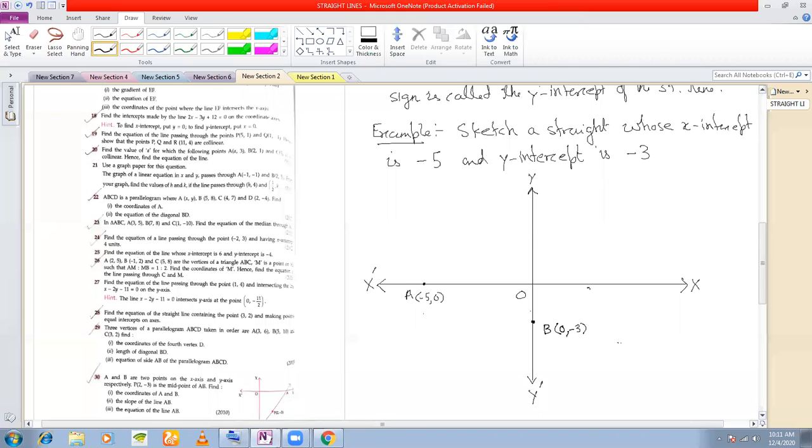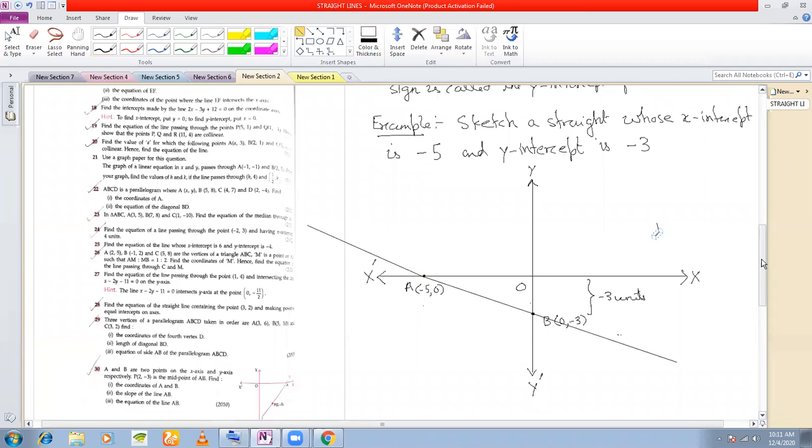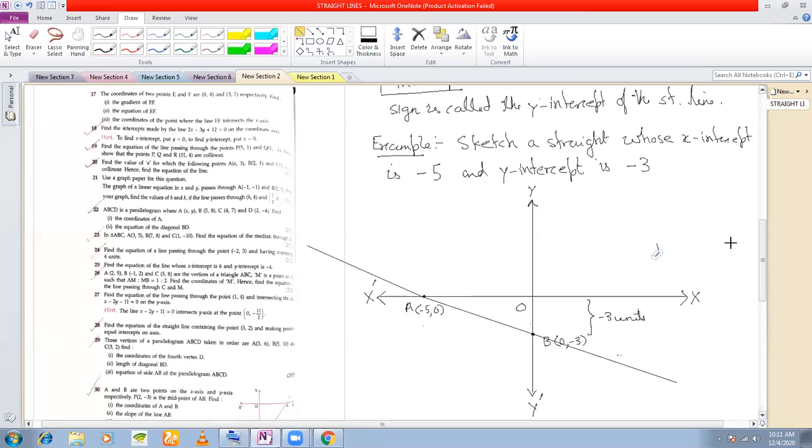We have taken this length as -3 units, taking it with the sign. Okay. So now if we join these two points, we'll get our required straight line. Clear? So if the x and the y intercept are given, then you can sketch the straight line.